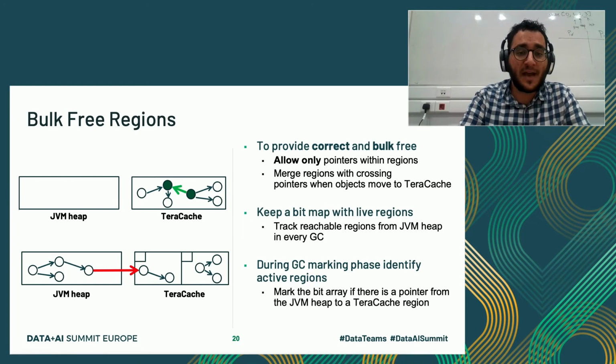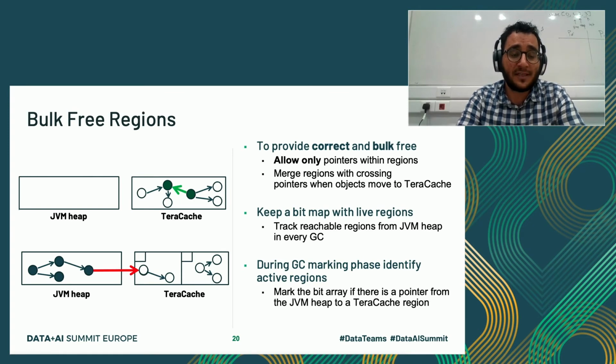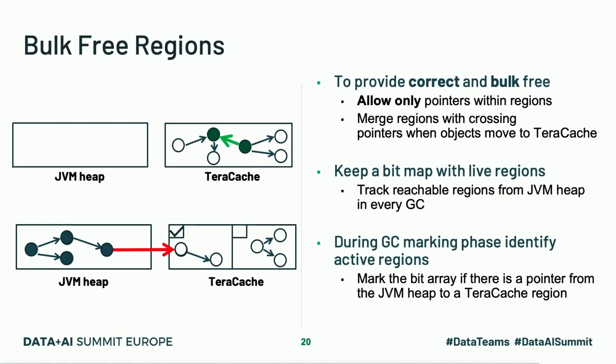During the marking phase of the garbage collection, we identify, as we show in the second figure, which regions are active. The first region in this case is active, so we mark this bit in the bitmap array, while the second region is not active. So at the end of the marking phase, we can reclaim the second region entirely by zeroing the region's metadata without introducing any I/O to the device.